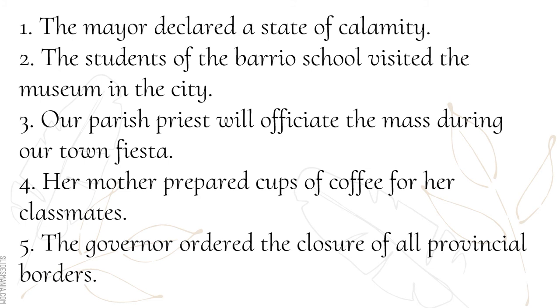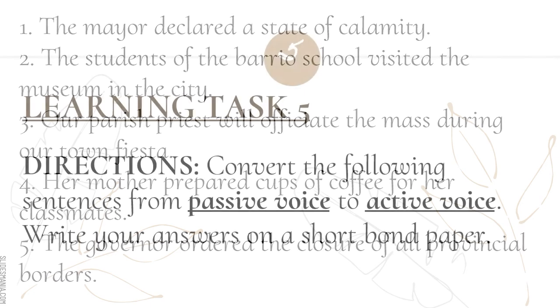What you're going to do is to convert this into a passive voice or a passive one. So if you need to go back to the examples, you may do so. You can always go back to those examples. The same is true with items number 2, 3, 4, and 5 as well.